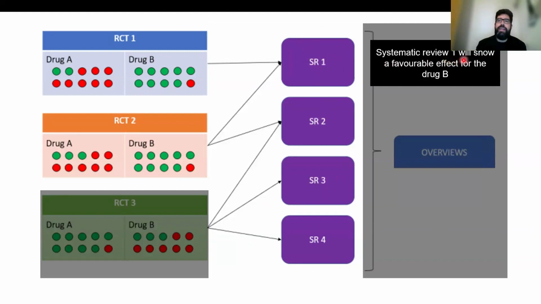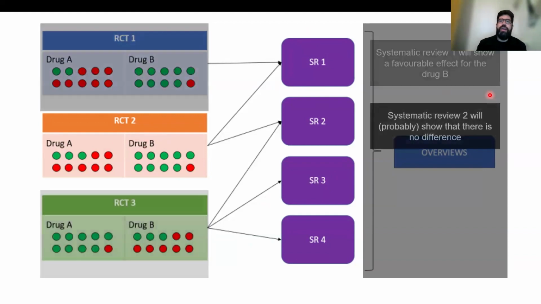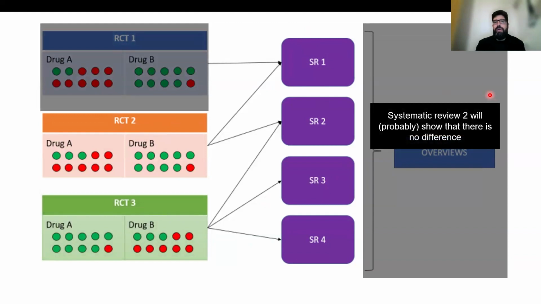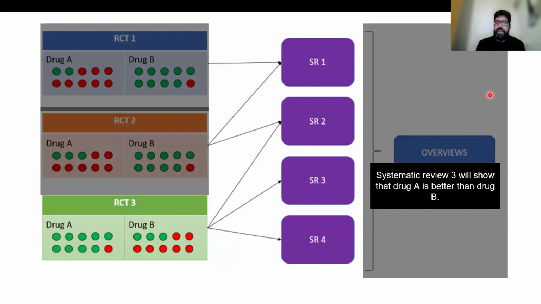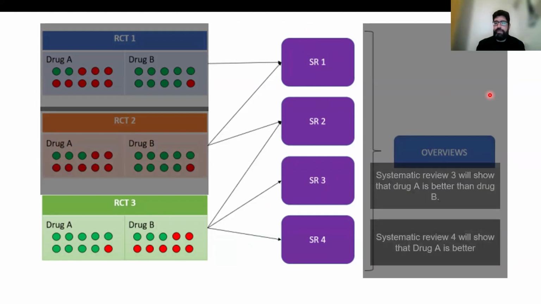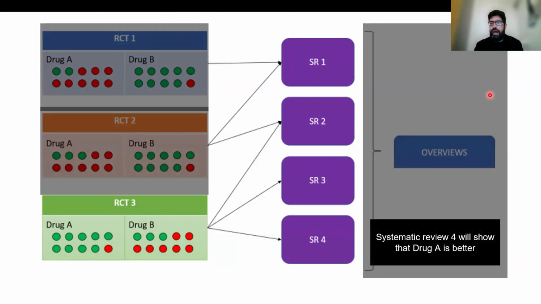Systematic review 1 is saying, okay, drug B is better because it's looking at these 2 trials. Systematic review 2 probably says that there is no difference. Systematic review 3 says that drug A is better. And systematic review 4 also says that drug A is better.